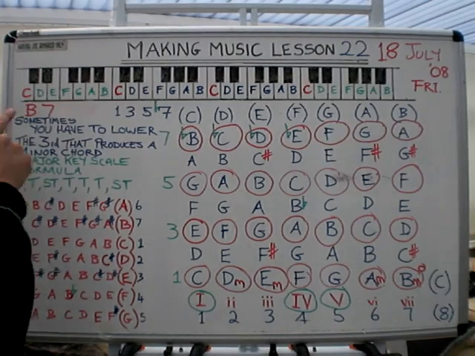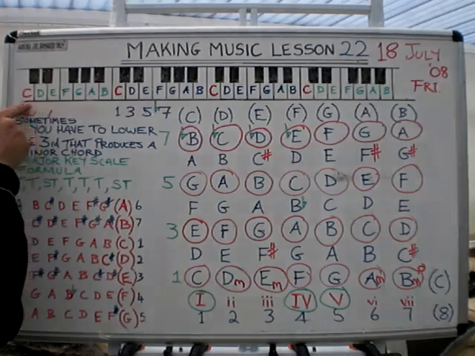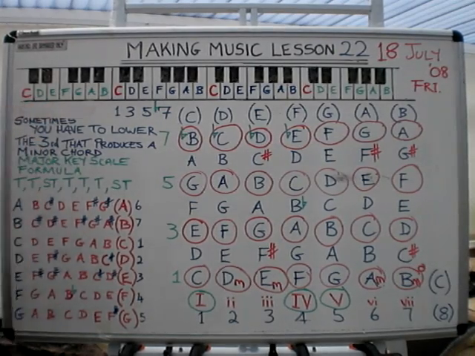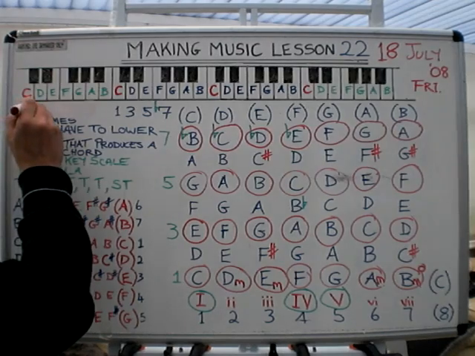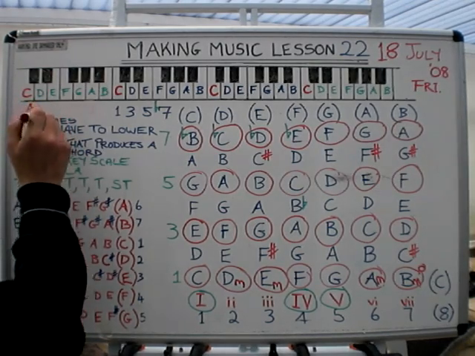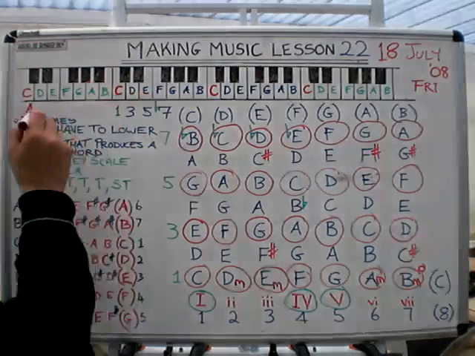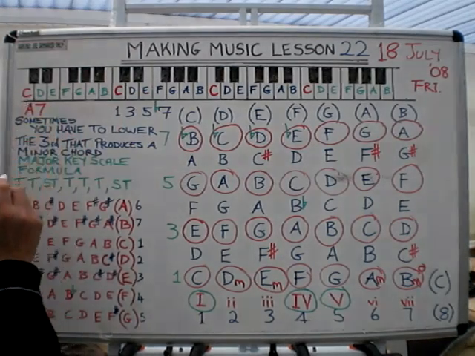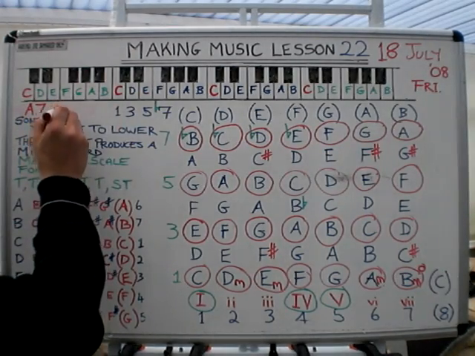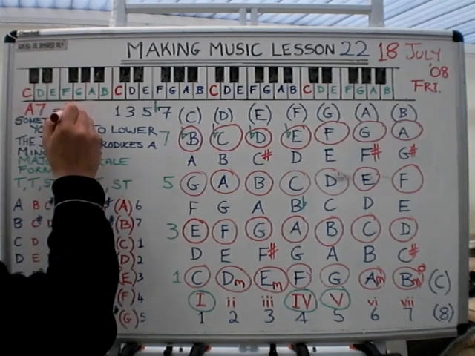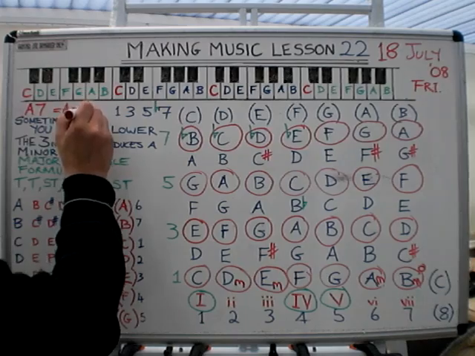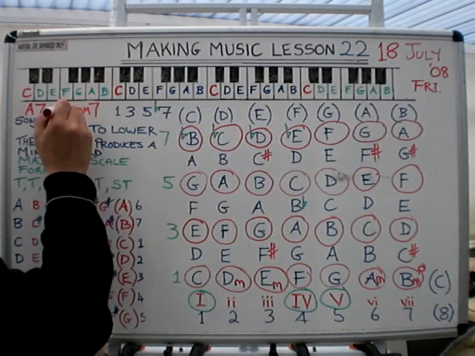Okay, so we're just going to write in here again what it could look like. When we talk about these that we've turned into 7, A7 will equal A dominant 7.